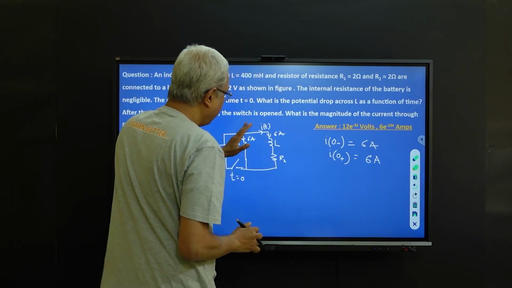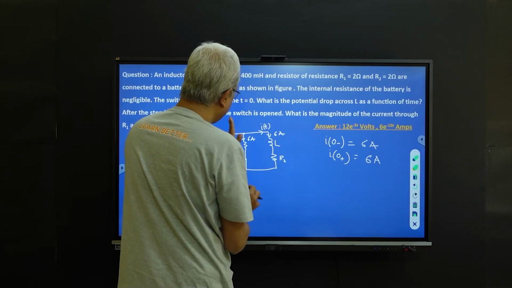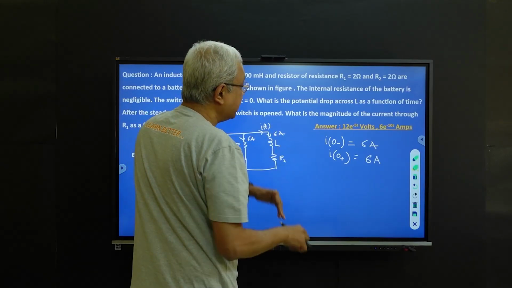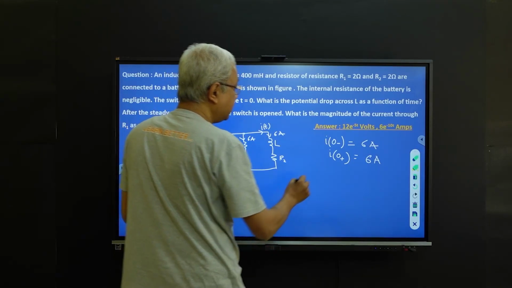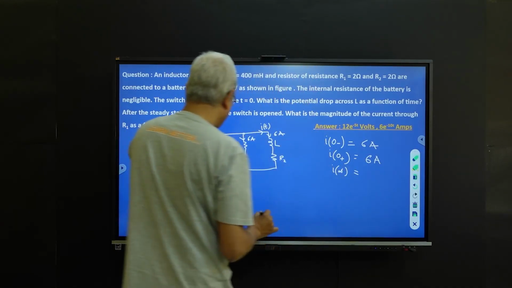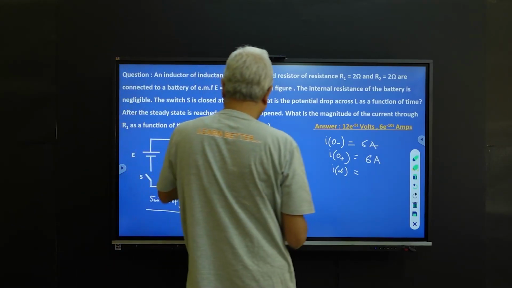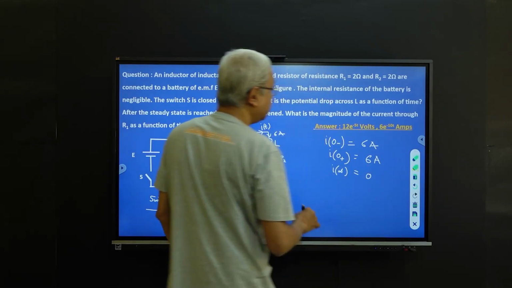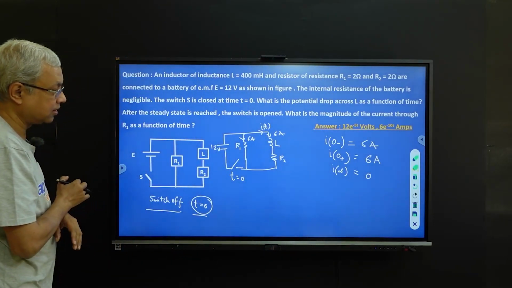But now ultimately what will happen, since there is no voltage source, the entire current will die down to 0. So in the steady state, when there is no external voltage source present in the circuit, eventually the current will become 0. We can intuitively say.